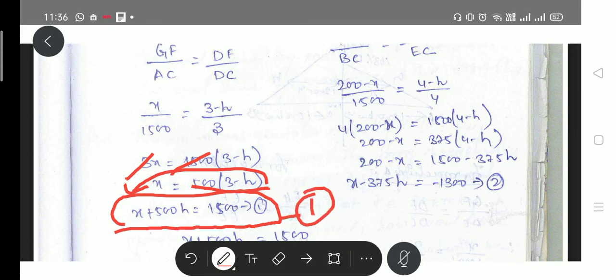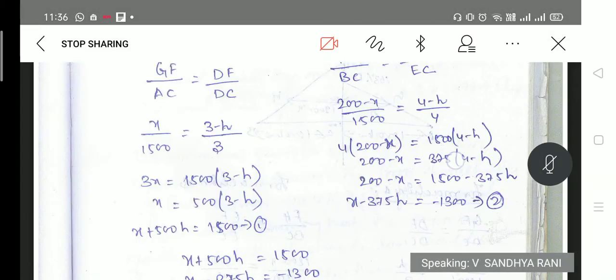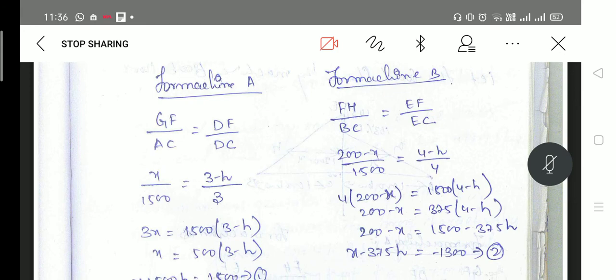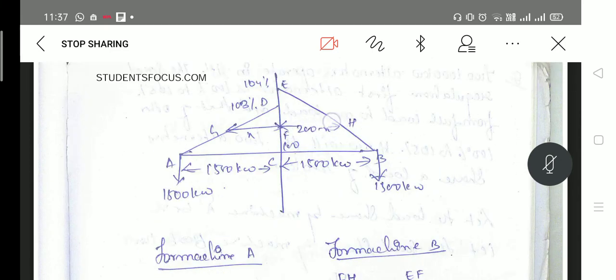Same way we can take machine B also. From machine B, FH by BC is equal to EF by EC. This one is FH.